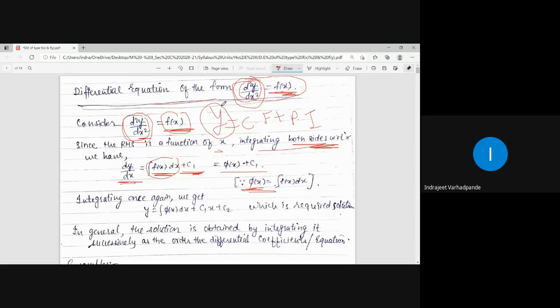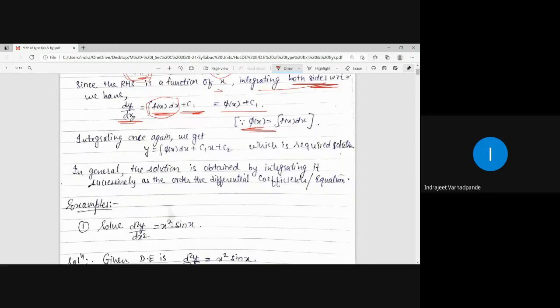For any differential equation, the solution is given in terms of the dependent variable. Here we have reached only up to dy by dx, so I will integrate it once more with respect to x to get the answer in the form of y. So dy by dx is equal to phi of x plus c1 is integrated with respect to x again.